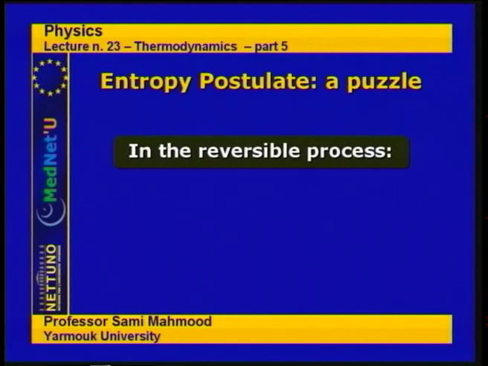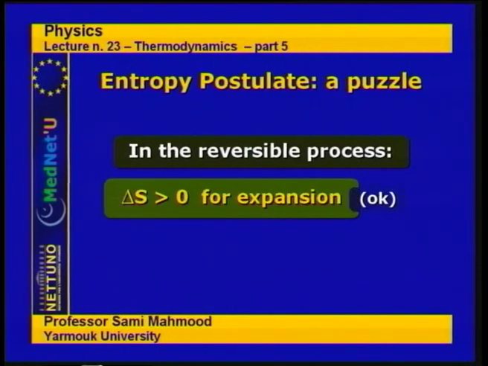The puzzle says that we have a reversible process. The reversible process can either go in the direction where the gas expands isothermally, or it can go in the reverse direction, where we compress the gas from the final state back to the initial state, also isothermally.